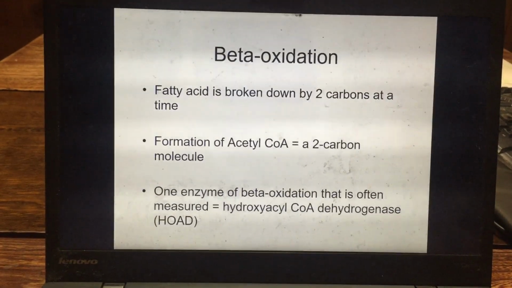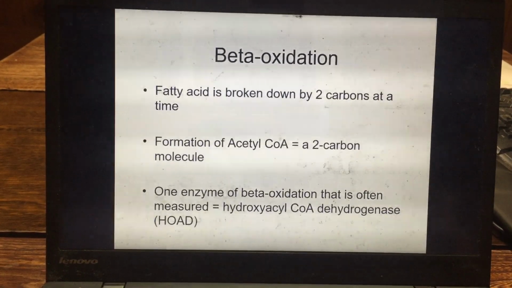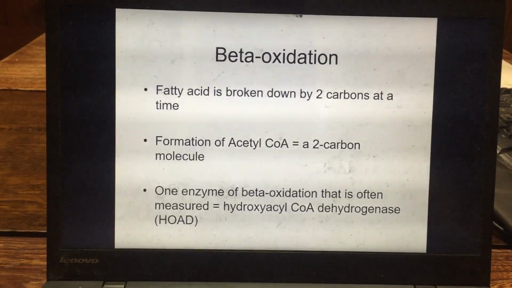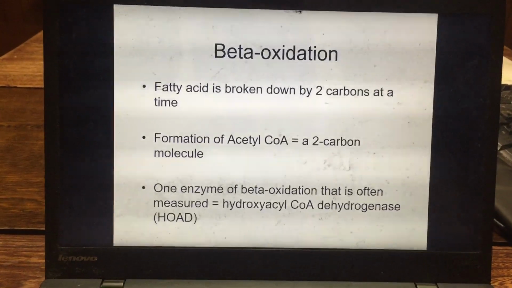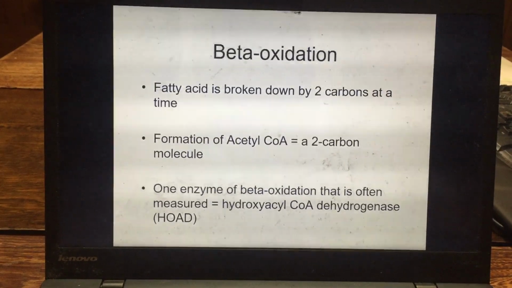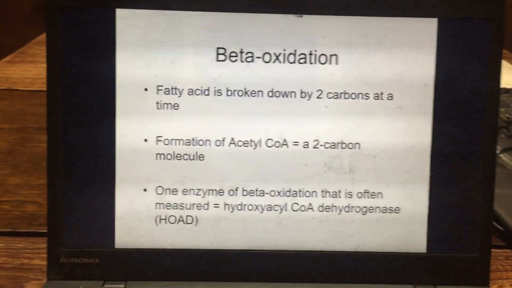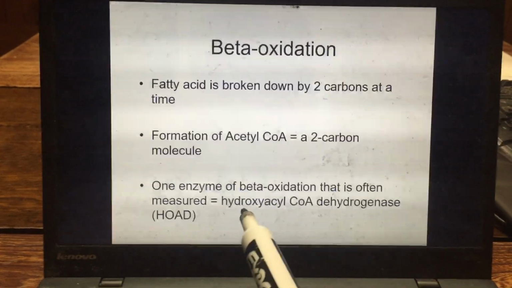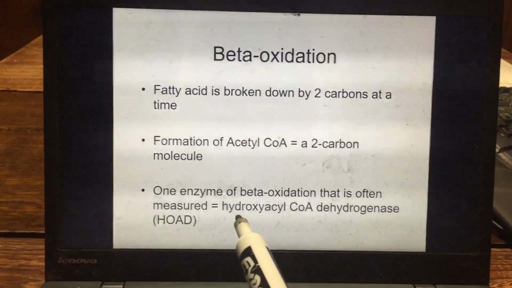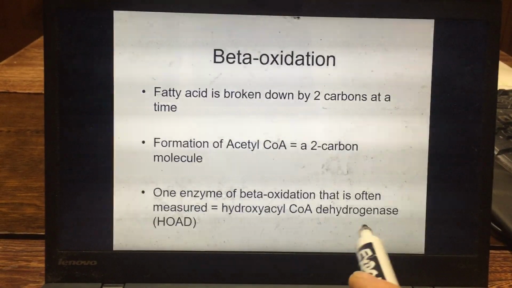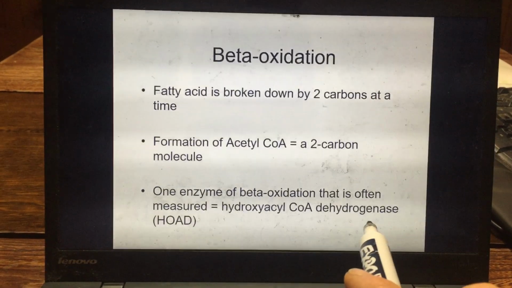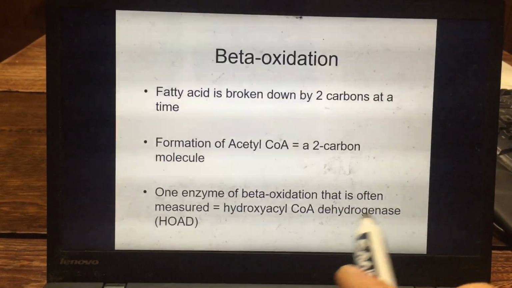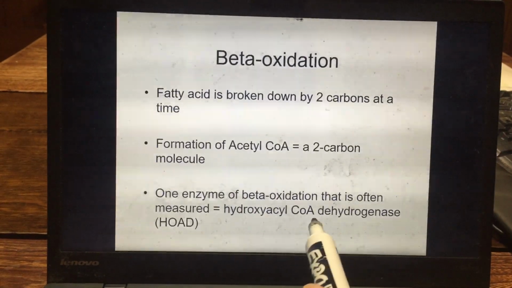So beta oxidation, this is a summary from that diagram. The fatty acid is broken down two carbons at a time. Each of those two carbon molecules will form an acetyl-CoA, which then goes through the Krebs cycle. And another enzyme I'm going to have you know or recognize is called hydroxyacyl-CoA dehydrogenase. Quite a long name for an enzyme, but it's often used as a marker of beta oxidation.